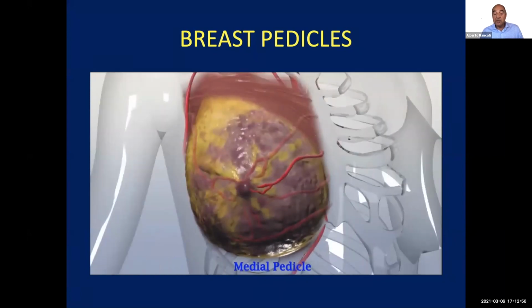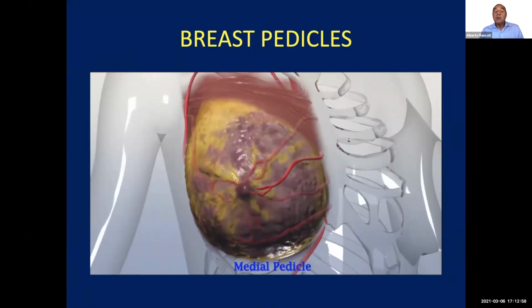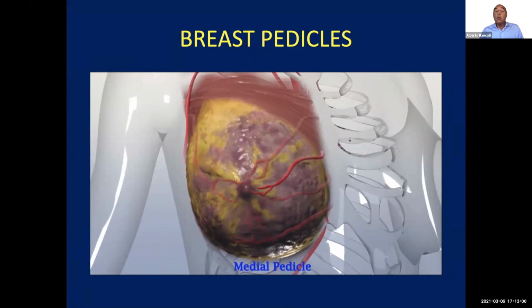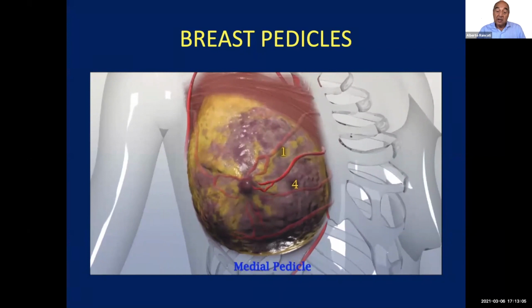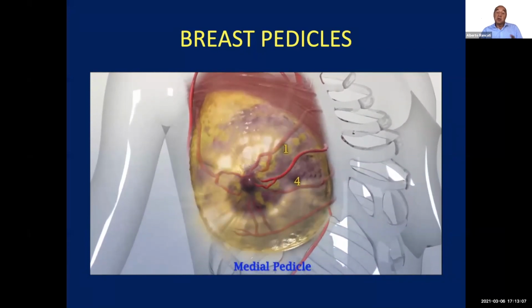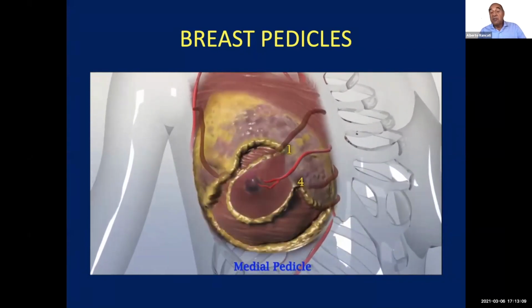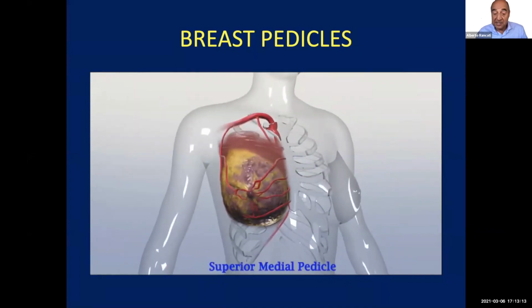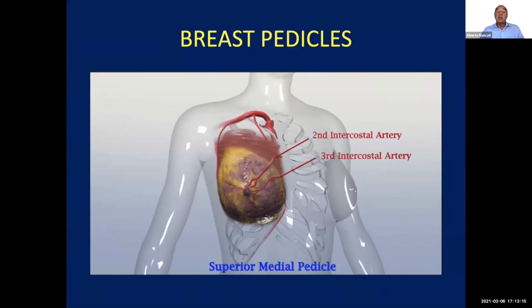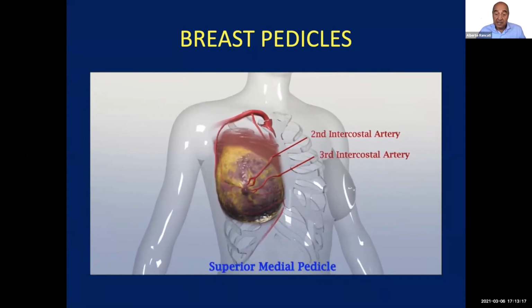And this is important when you make a resection that will be based on the vascularity of the nipple area complex over the medial pedicle. So between hour 1 and 4, you have the third, and perhaps you can also preserve the second one. So in this way, you can have a medial pedicle.